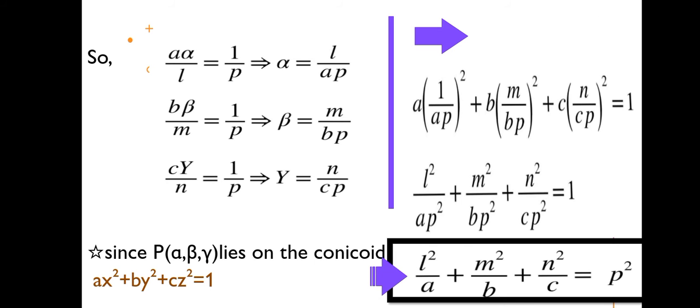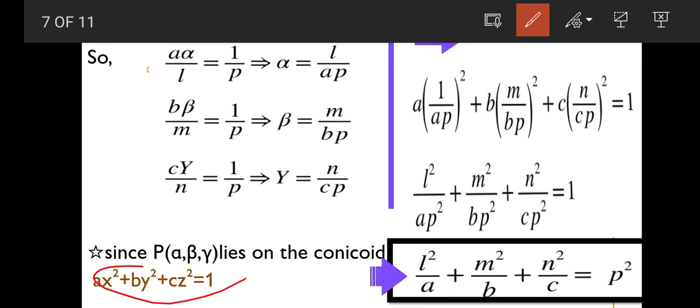After getting the values of alpha, beta and gamma as l upon ap, m upon bp, n upon cp, since the point P (alpha, beta, gamma) lies on the conicoid ax square plus by square plus cz square, we put these values of alpha, beta, gamma in the equation of the central conicoid in place of x, y, z.